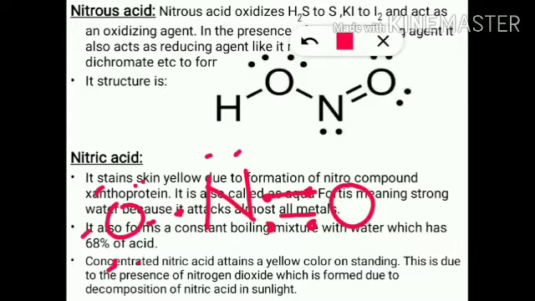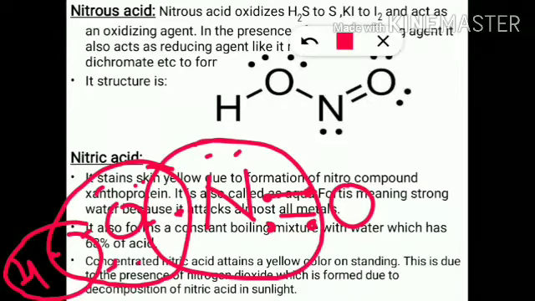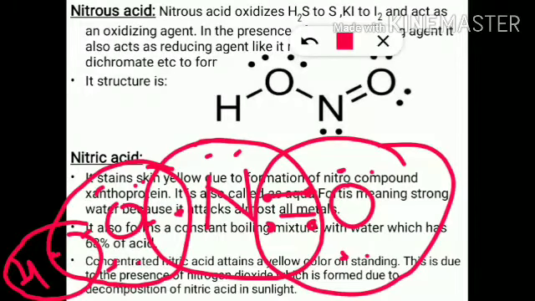Then you can add H here, so this bond is formed, and oxygen contains lone pairs of electrons. That is nitrous acid.